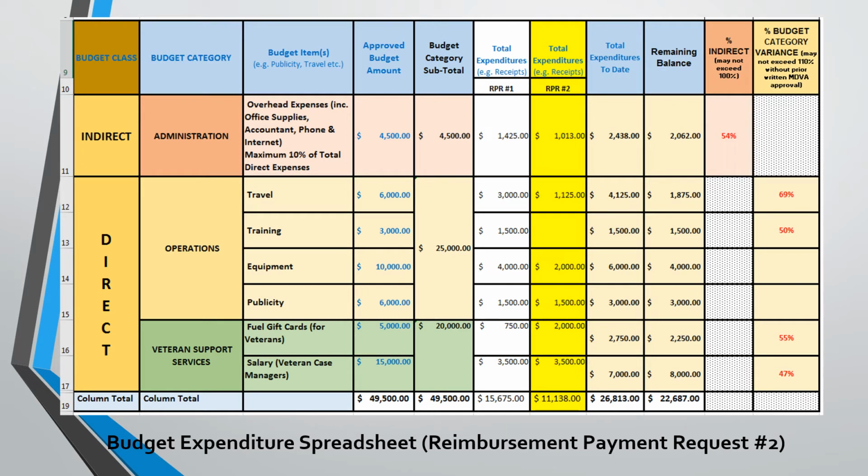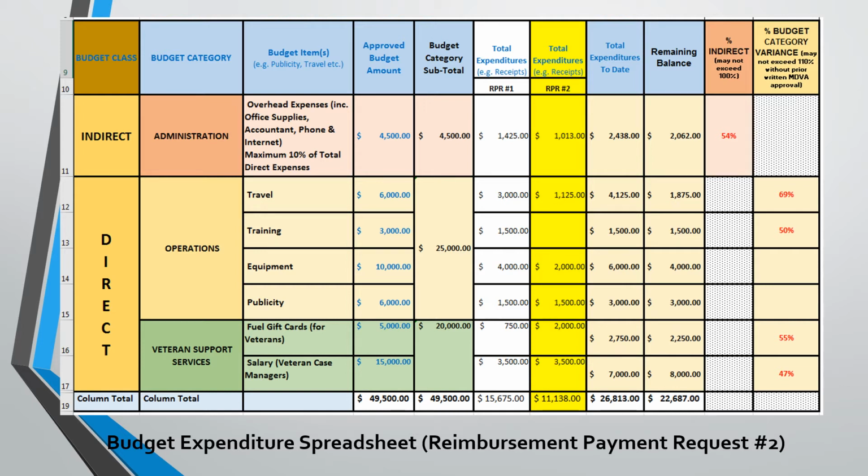Now, most MDVA grants are reimbursement based. So grantees usually will get paid several times throughout the course of the grant, usually on a quarterly basis or on a monthly basis. So in this example, the grantee a month ago or 3 months ago submitted their first payment request for $15,675.